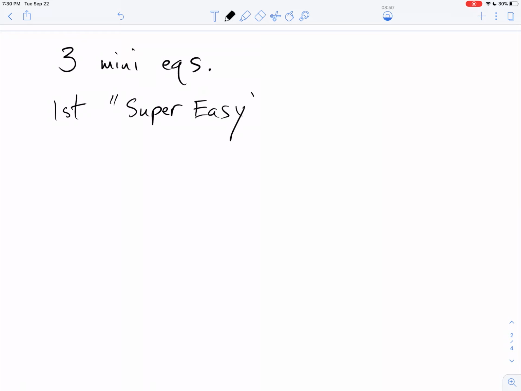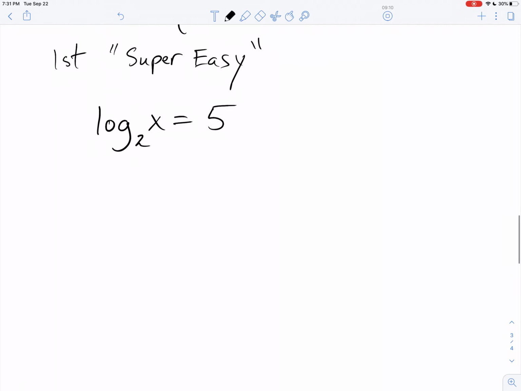Why? Because they're super easy. Here is how you recognize the super easy. Log base, I'm just going to put a 2 here. What the heck? Because I don't want to work that hard. And then I put an x here and I put a 5 here or something, okay? That is a super easy log equation. It's one of the mini equations.